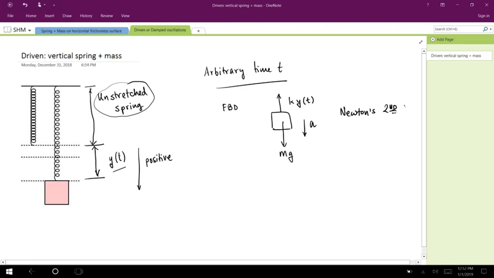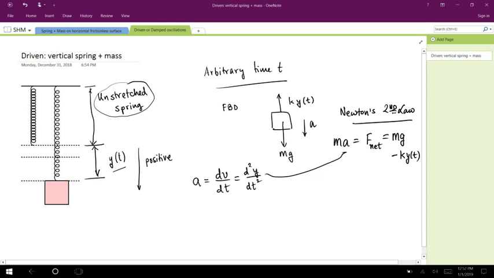And now we can apply Newton's second law. Newton's second law will tell us that mass times acceleration is equal to the net force acting on the block, but the net force is equal to mg minus k times y of t. Remember, acceleration is the time derivative of velocity, and that's equal to the double time derivative of displacement.